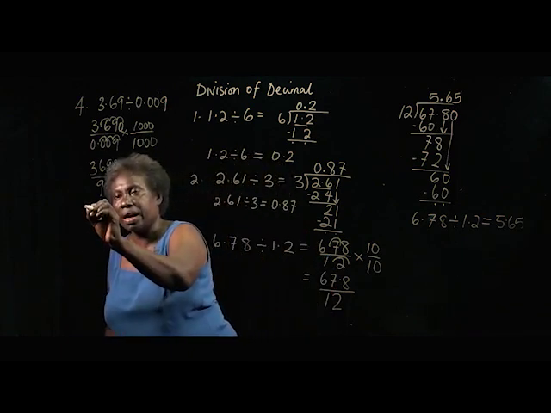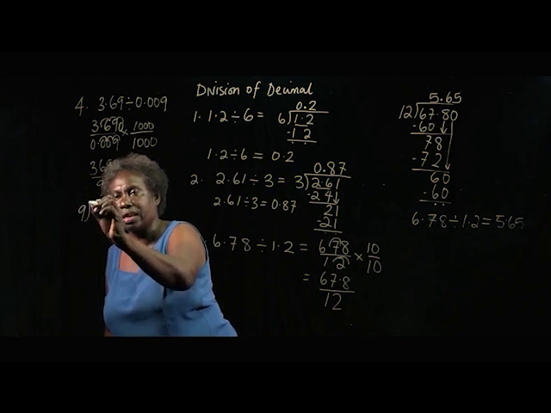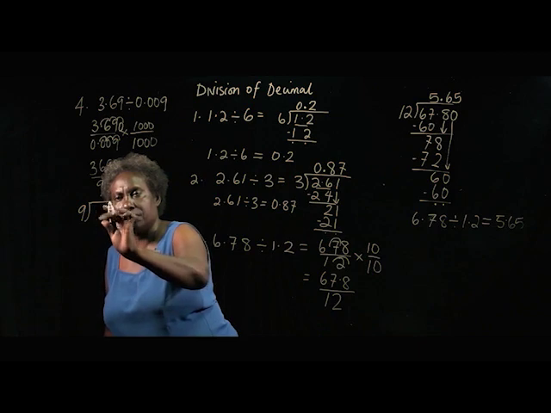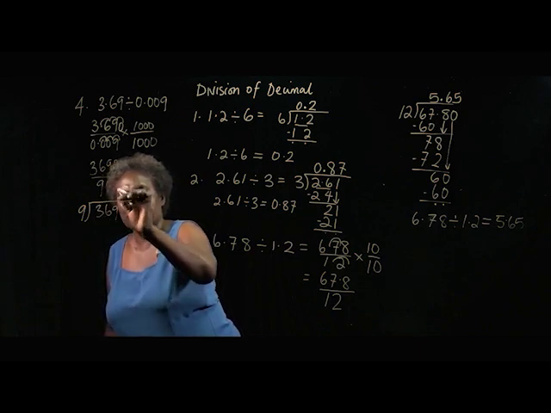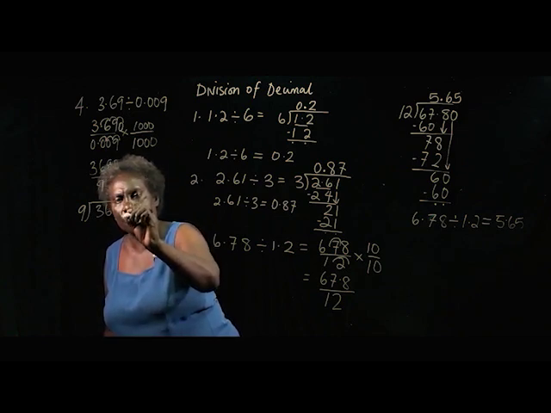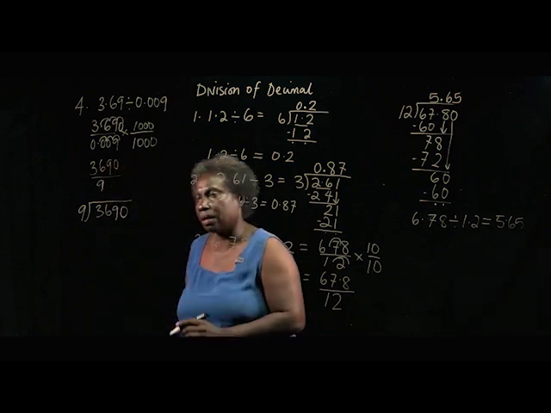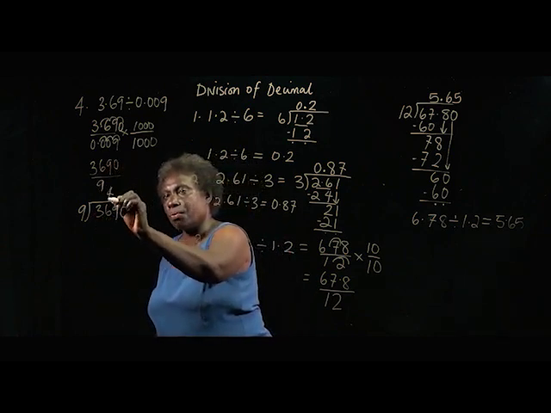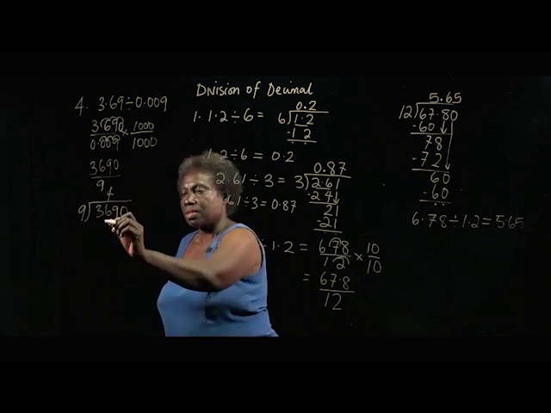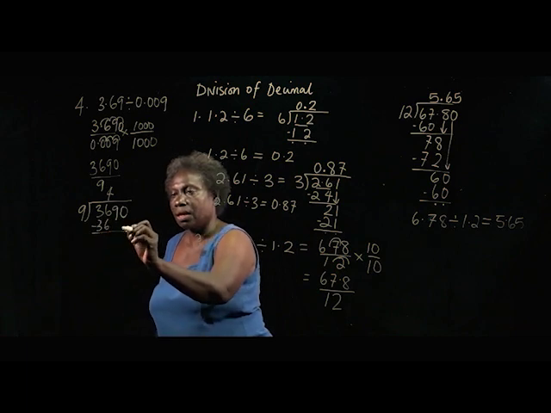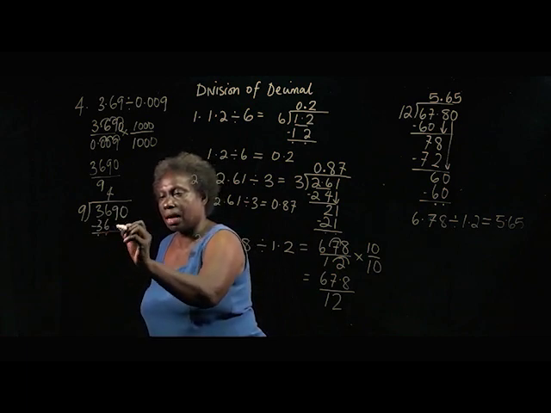So, I have 9 outside, which is the divisor, and 3,690 under the division symbol. Okay. 36 divided by 9 is 4. 4 times 9 is 36. I subtract. This cancels out.